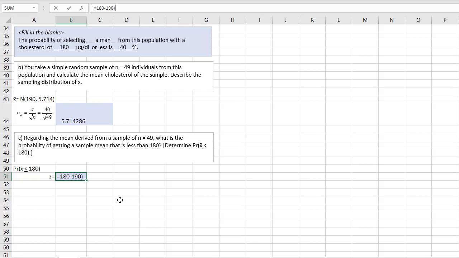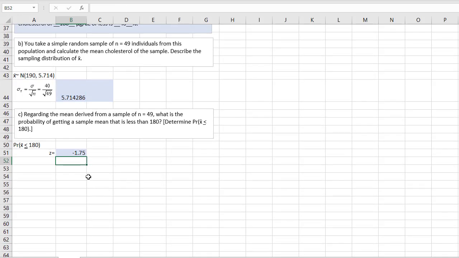Oh, we almost forgot the parentheses. So we'll come up here. 180 minus 190 divided by, and now rather than a standard deviation, we are using our sampling distribution of the mean. So I'm going to click that right there. And we get negative 1.75.